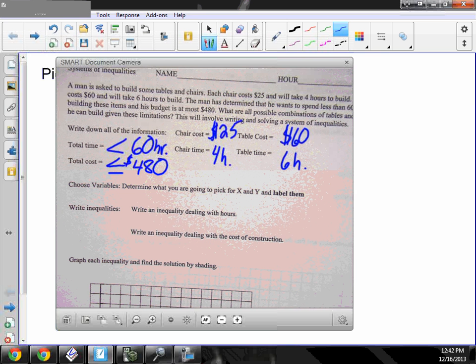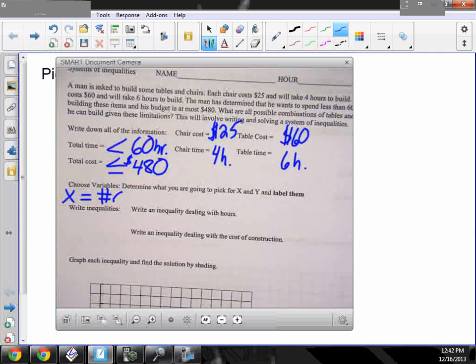So we're going to say X equals something to do with chairs. What is it about the chairs? How many he builds. Not how long it takes or how much they're worth. X is just the number of chairs. And Y is going to be the number of tables.